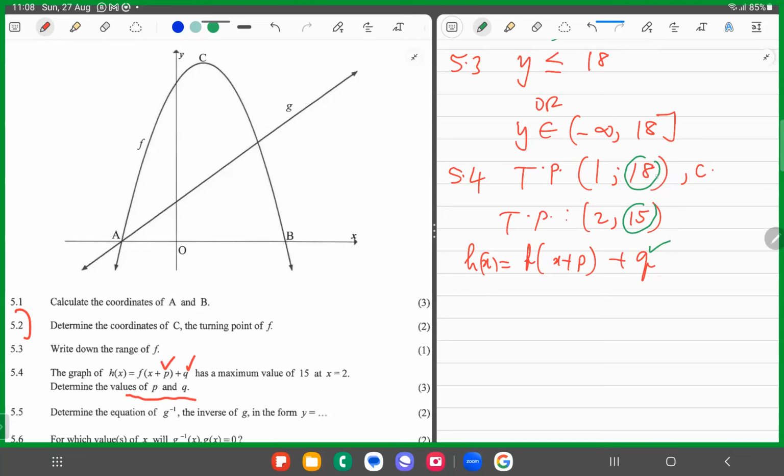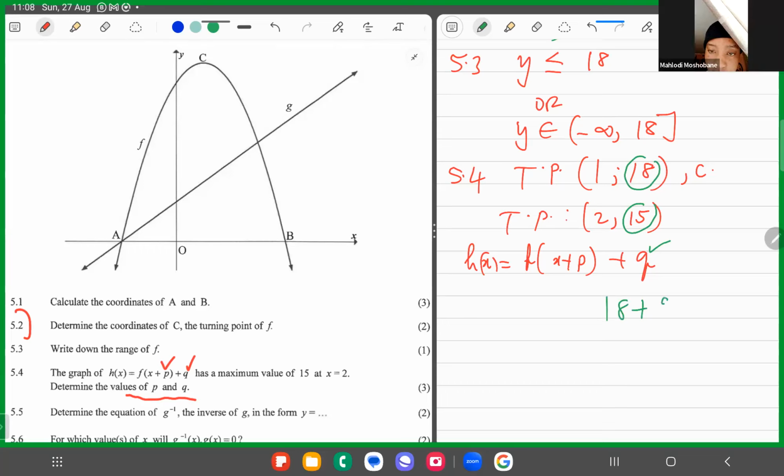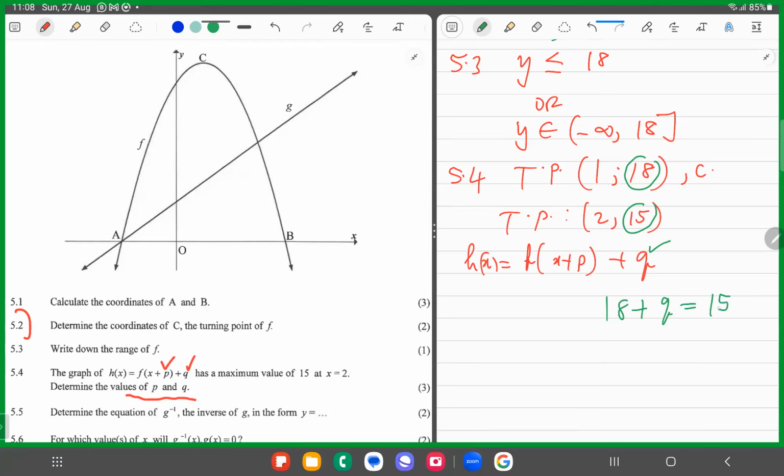So if you add something to 18, you say 18 plus q. The result is 15. So what is q? q is going to be 15 minus 18, and q is negative 3. So we have to find the values there. So q is negative 3.